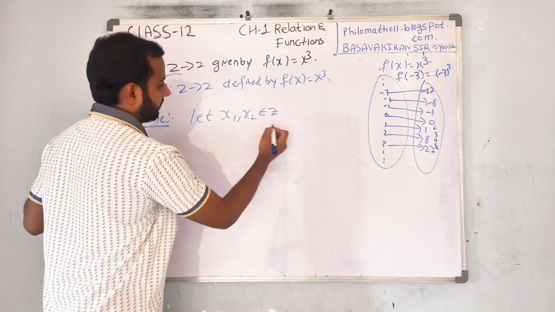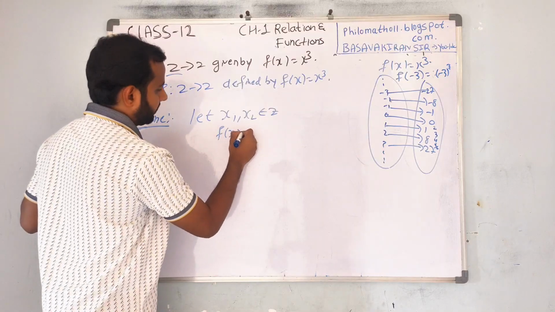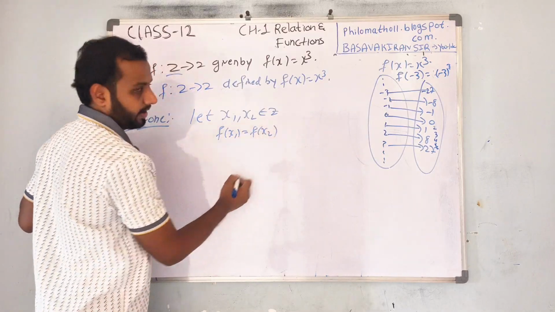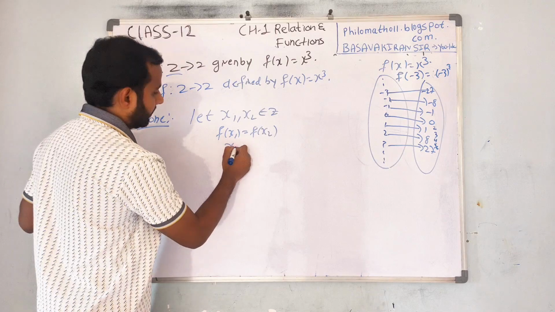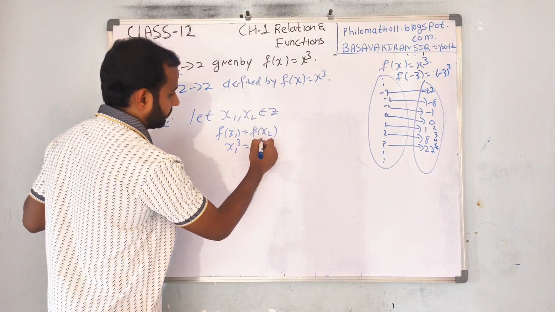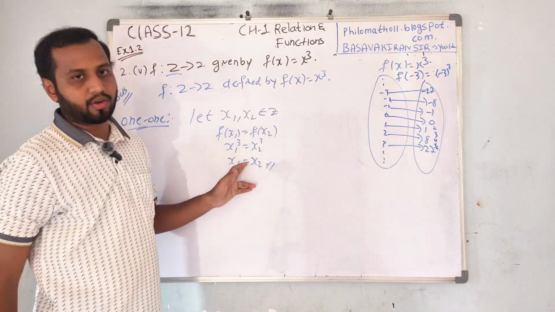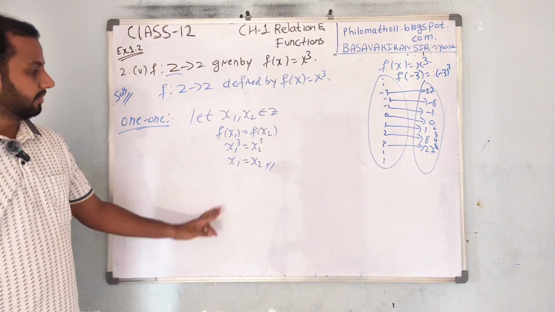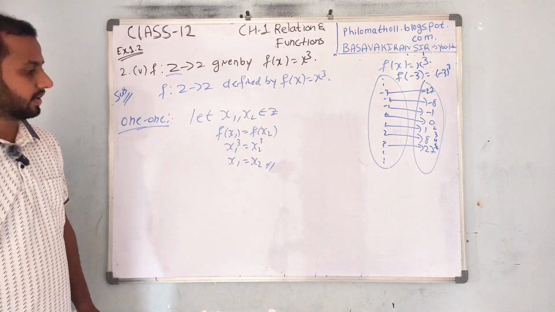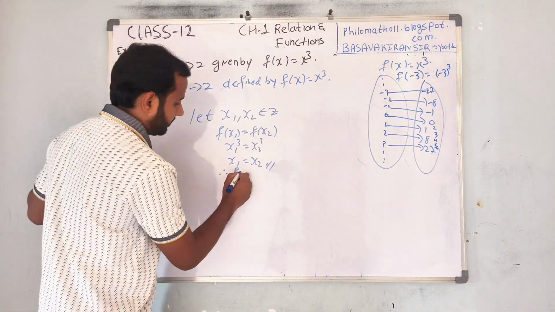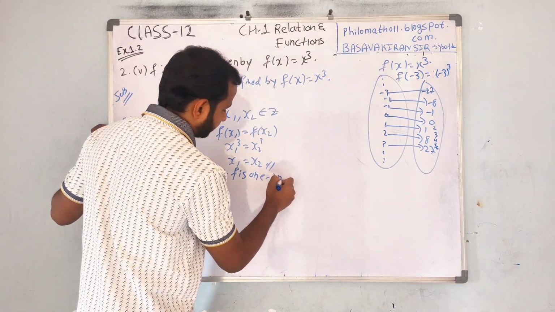Z. Then f of x1 is equal to f of x2. What is your x1? That is x1 cube equals x2 cube, so x1 equals x2. Whenever we take a cube root, if it is plus it will be plus, if it is minus then it will be minus only. Therefore f is 1-1.